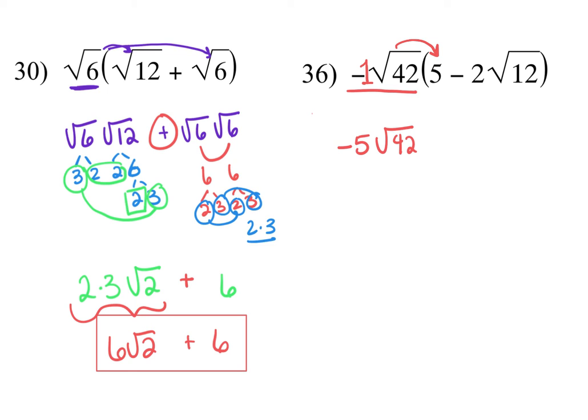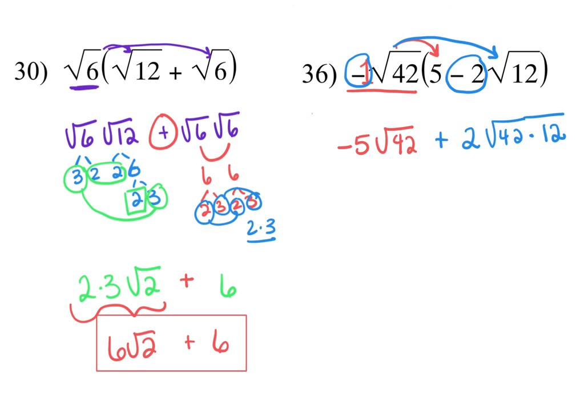Next one. We are distributing it again to the next group over here. On the outsides, we have negative 1 times negative 2. What's going to happen there? Negative 1 times negative 2 is positive 2. So just write it as a plus. Okay? And then on the insides, we have square root of 42 times the square root of 12.